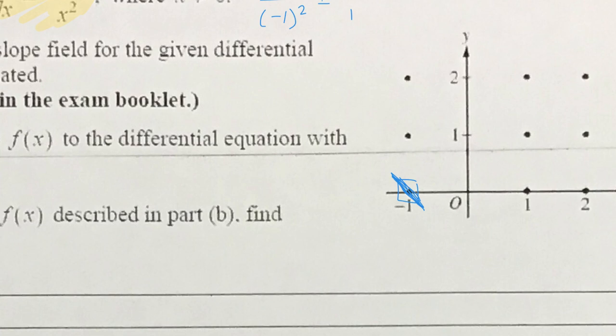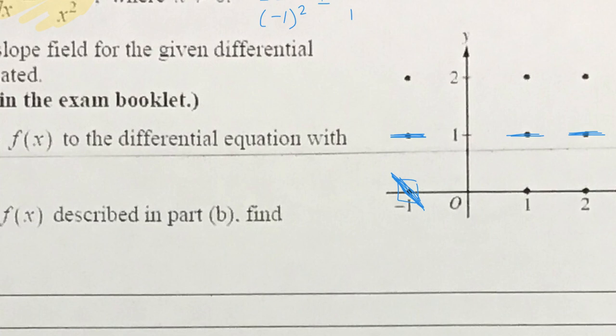So y is now 1, so 1 minus 1 is 0. So when y is 1, we have a slope of 0. In fact, everywhere that y is 1, we're always going to have a slope of 0, because it's always going to be (1 minus 1) over something, and 0 over something is always 0.